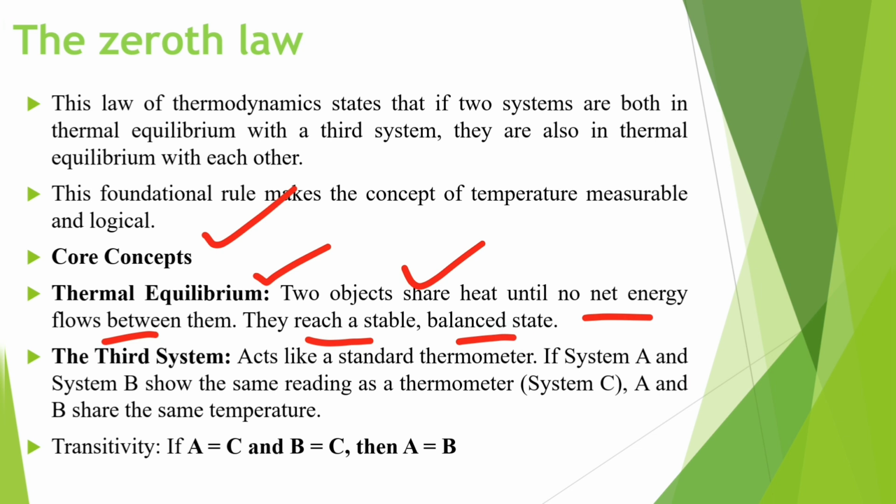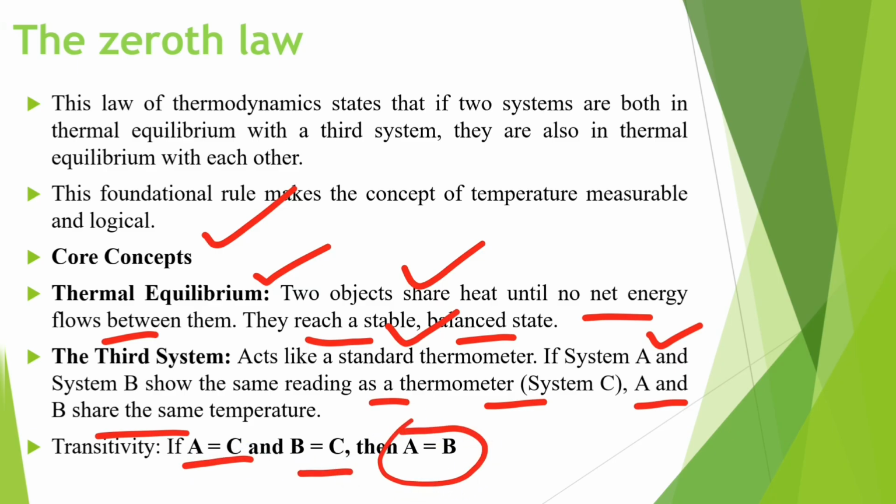And the third system acts like a standard thermometer. If systems A and B show the same reading as the thermometer of system C, then A and B share the same temperature. When A equals C and B equals C, then A equals B. So it follows the simple math rule.